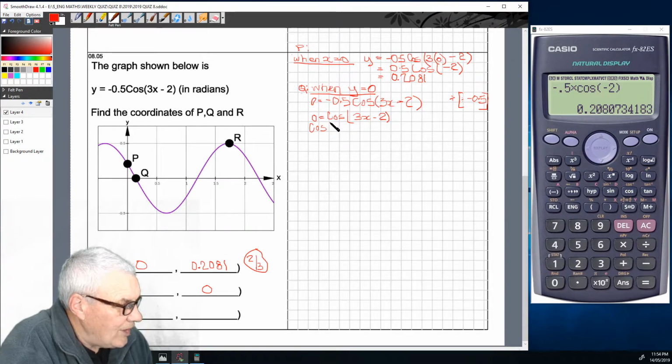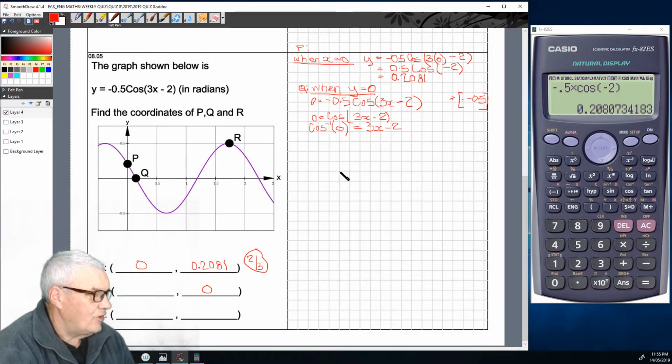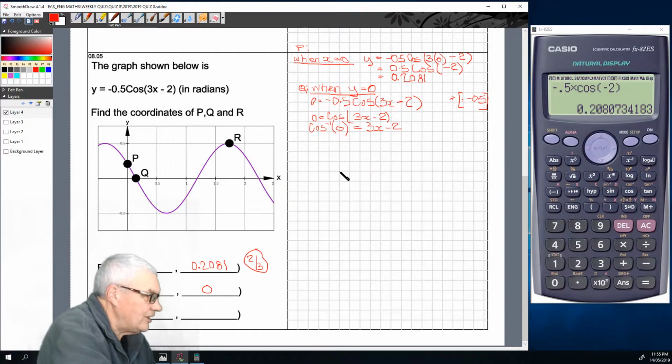All right. And so then to undo that, we just go cos to the negative 1 of 0 equals 3x minus 2. Okay, and then we're off to our calculator here. All clear.